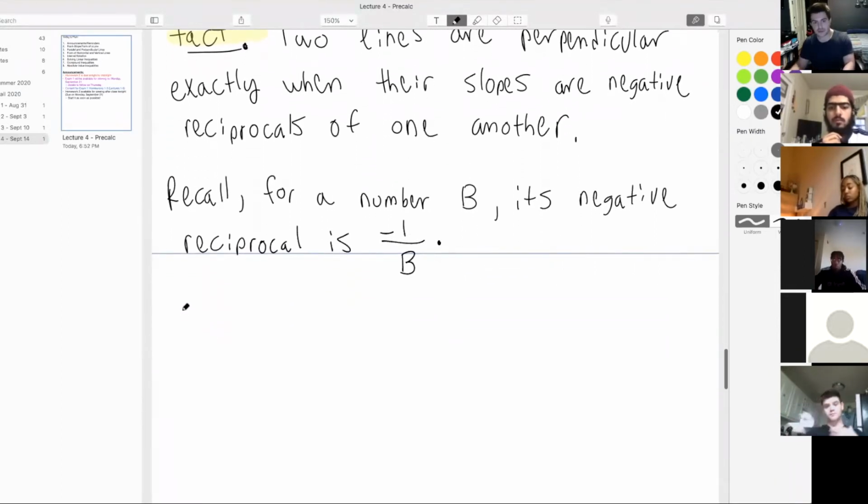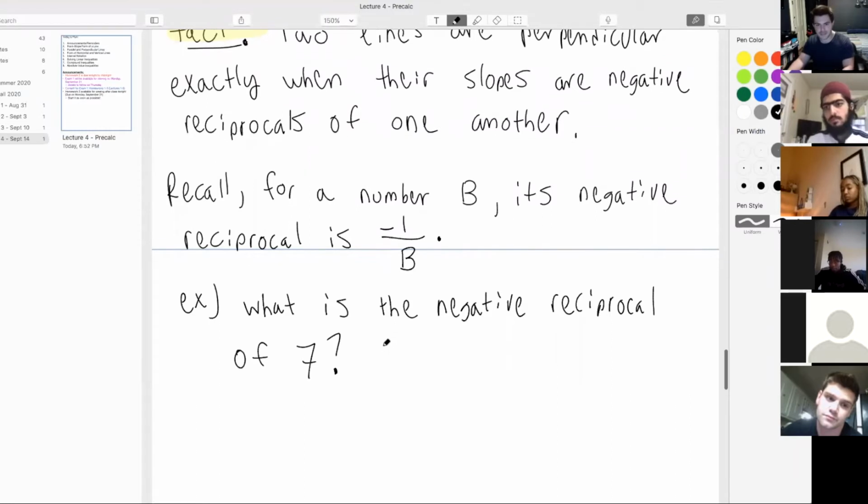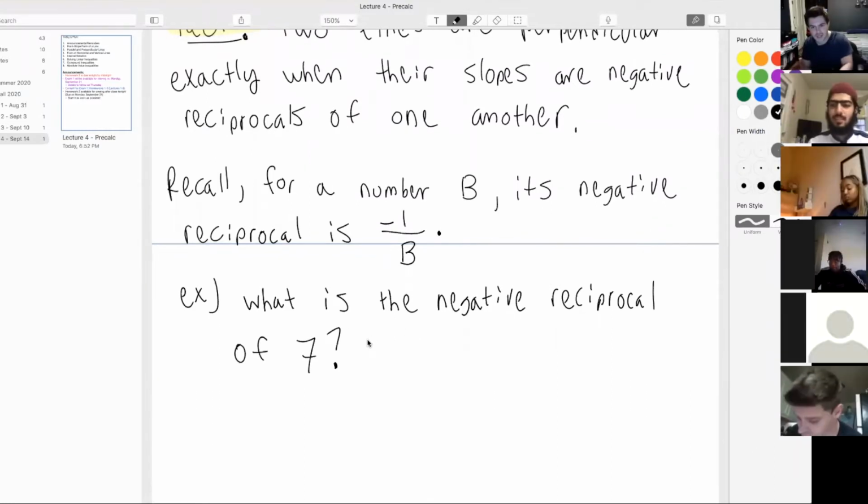Okay, so just a quick example. Can anyone tell me what is the negative reciprocal of 7? -1 over 7. Yes. Good.